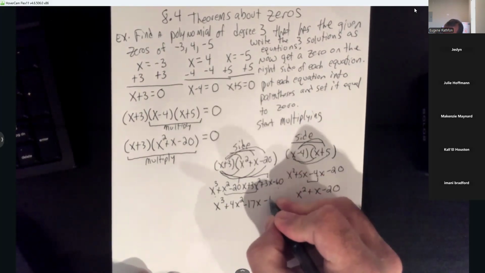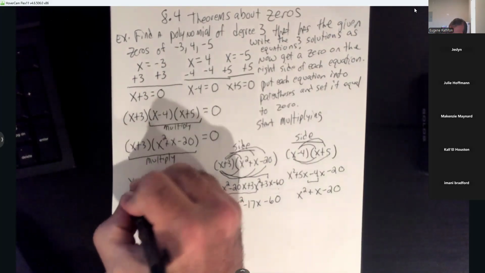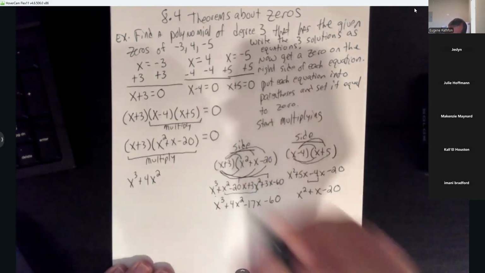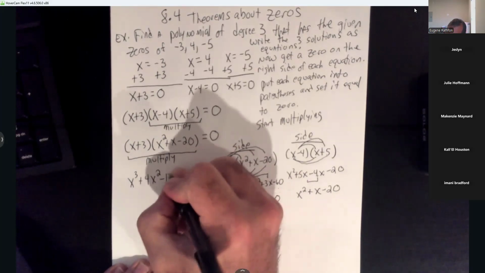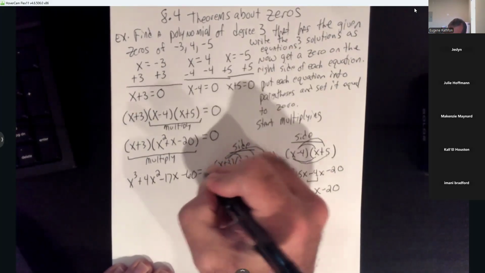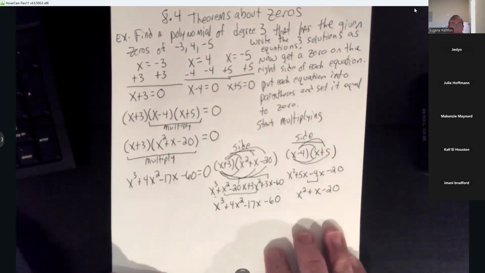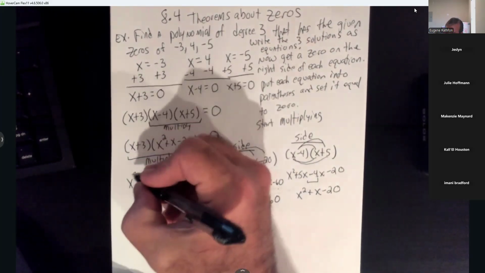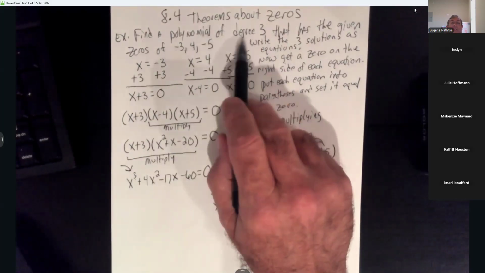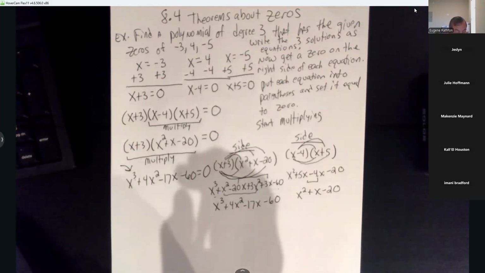And at the end is my negative 60. So I get x cubed plus 4x squared minus 17x minus 60, all equal to 0. So look at that. My highest exponent was a 3, which is a degree 3 polynomial. And that's what I needed.